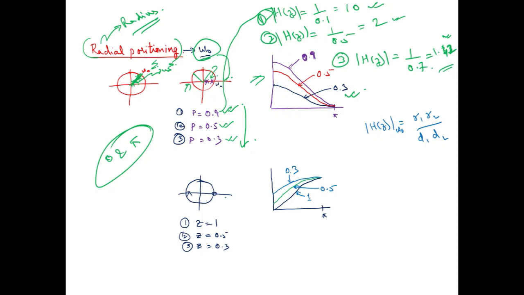Similarly, if you look into the zeros, I can put the value at 1, 0.5, 0.3.